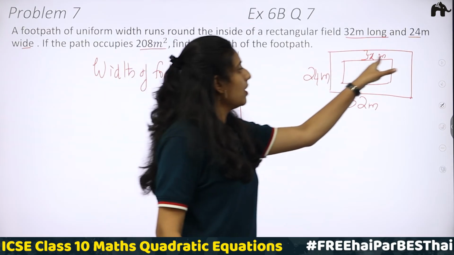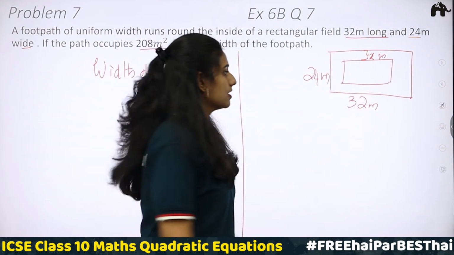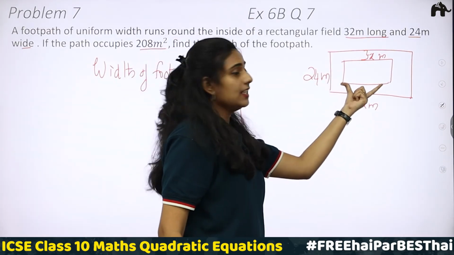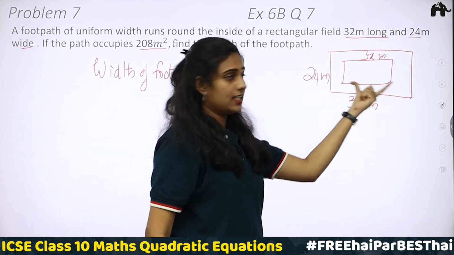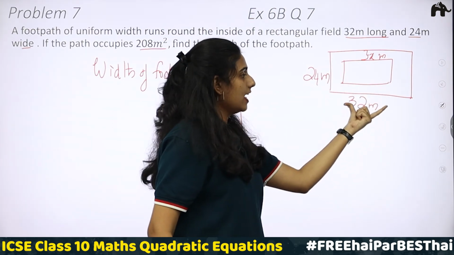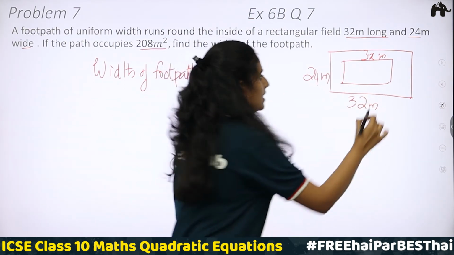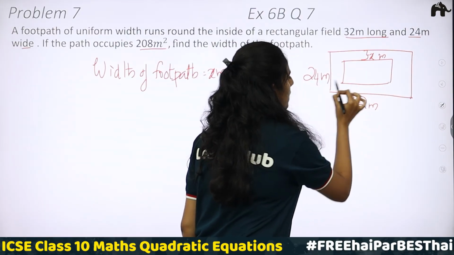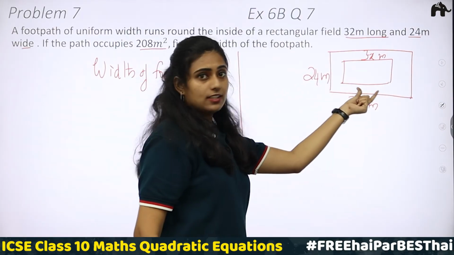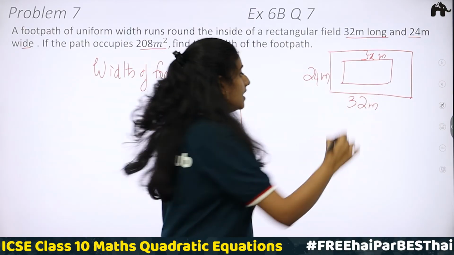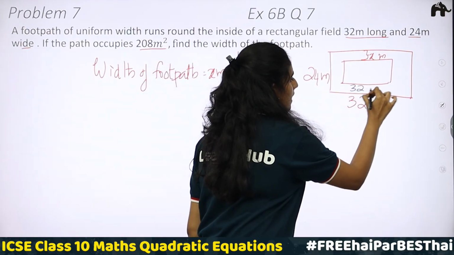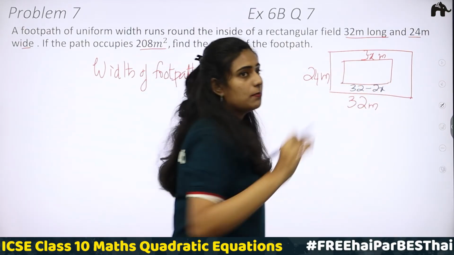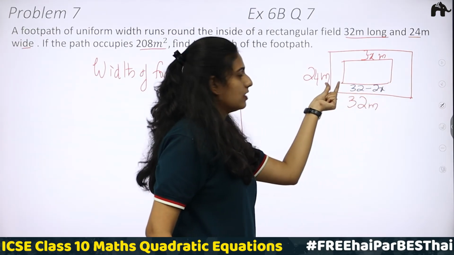Now, what about the inner rectangular part? Here, to find the length of the inner rectangle, outer rectangle has a length 32 meter. This part is x and this part is x. Then what is the length of this inner rectangle? 32 minus 2x. We have to subtract x from here and from here.